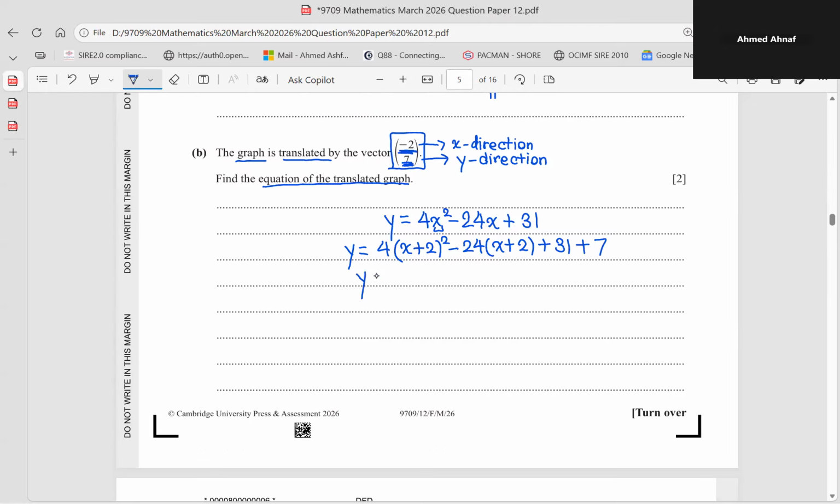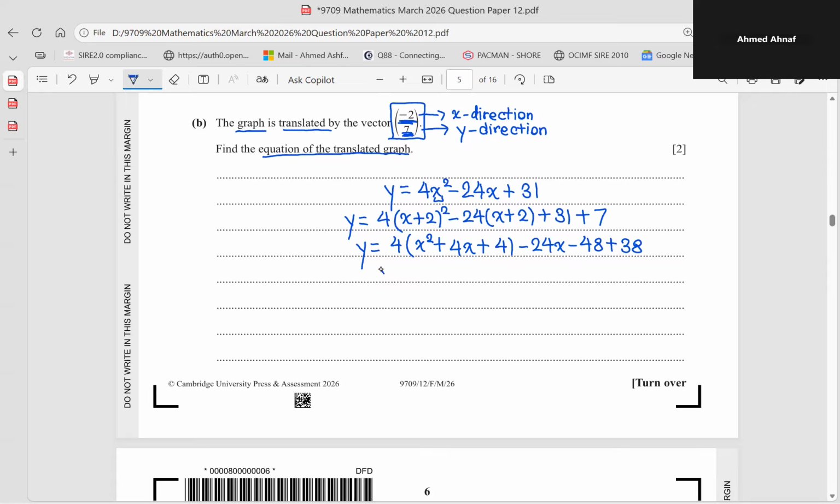Okay, let's also simplify this just to be safe. So you expand this, you use the a plus b squared identity. So a squared is x squared, plus 2ab, so 2x times 2, that's 4x, plus b squared, so 2 squared, that's 4, minus 24x minus 48, plus 31 plus 7, that's 38. Okay, and then you expand this out.